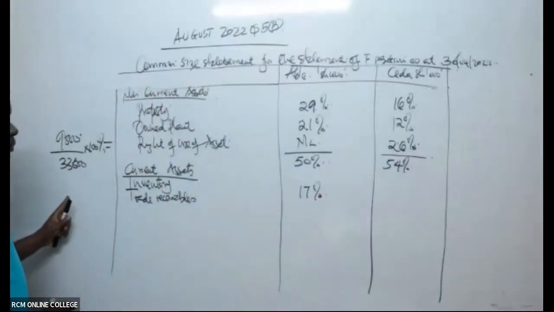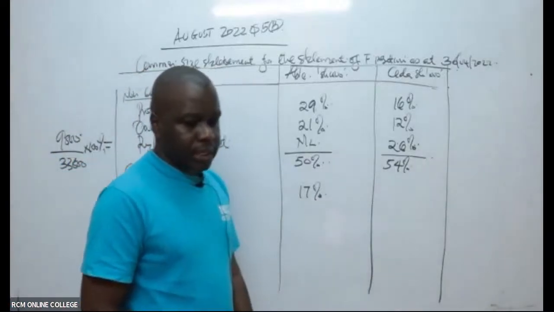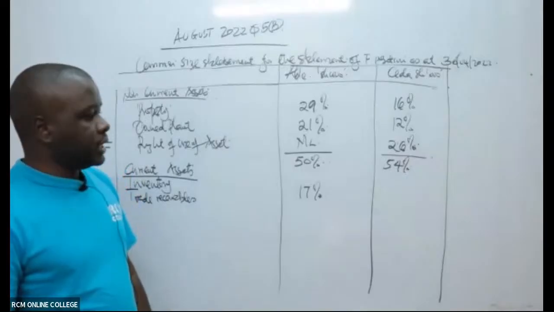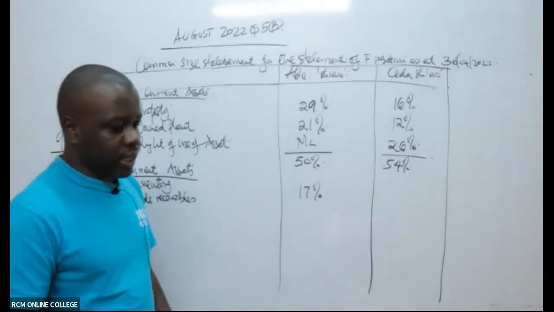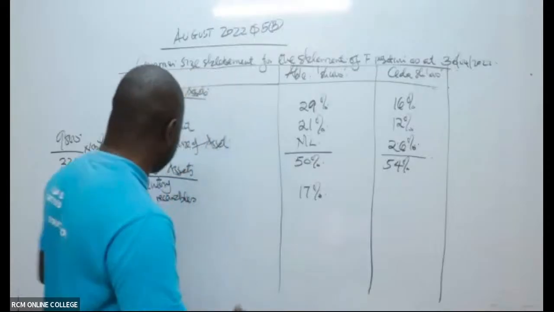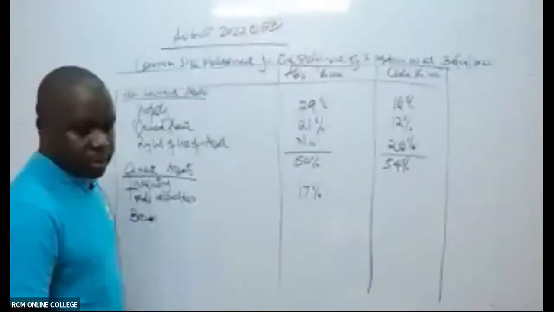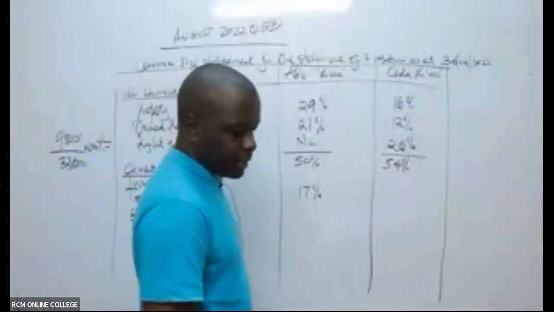17%. What about for SEDA? For SEDA, you have trade receivables, and of course also bank as another item. 17.9, so that is 18%.